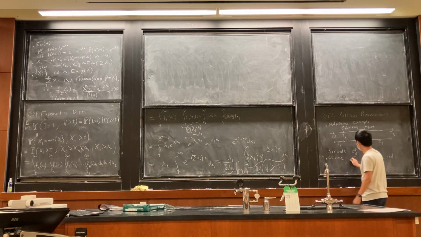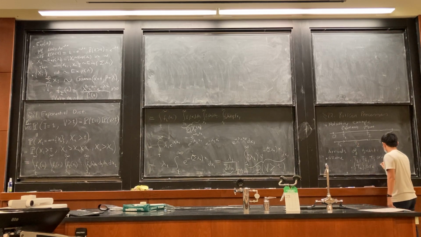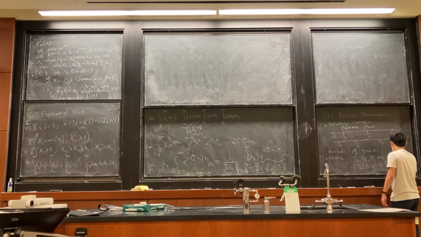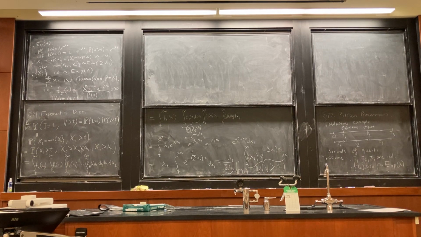So assume further tau k are distributed as an exponential with parameter lambda. And then I have a model for the number of guests arriving at, say, a restaurant or a bank, for instance.